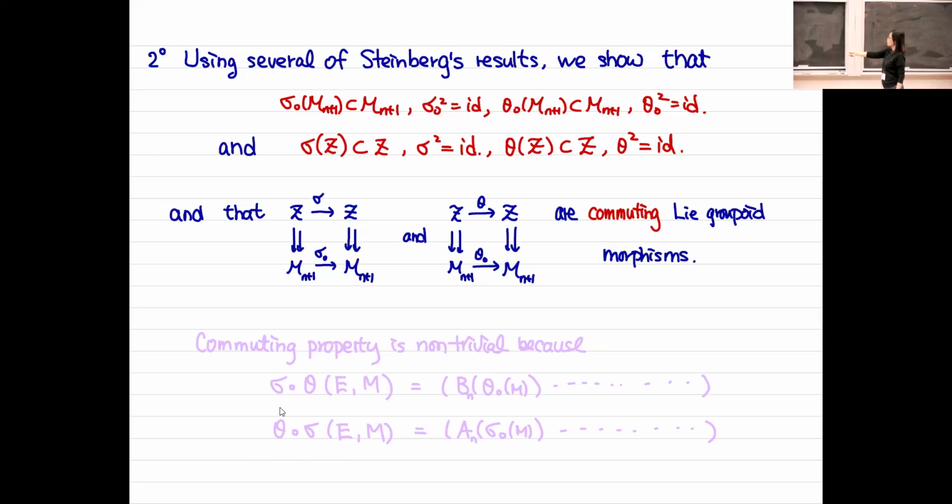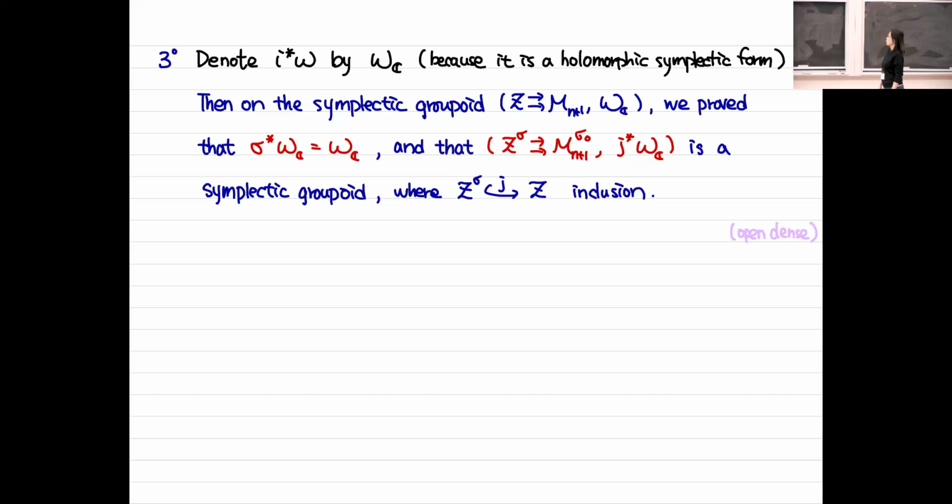Once you change the order, the thing which you use to conjugate becomes different, so there is no reason why they should commute. It actually has to use some property in order to show that they commute. So now you have these two symmetries, or two involutions, that you want to consider on the groupoid.